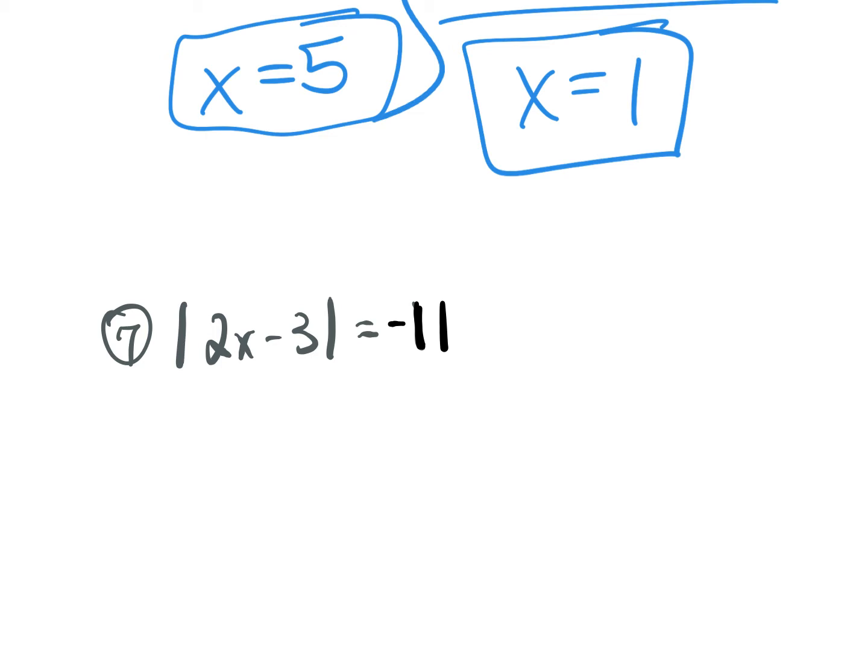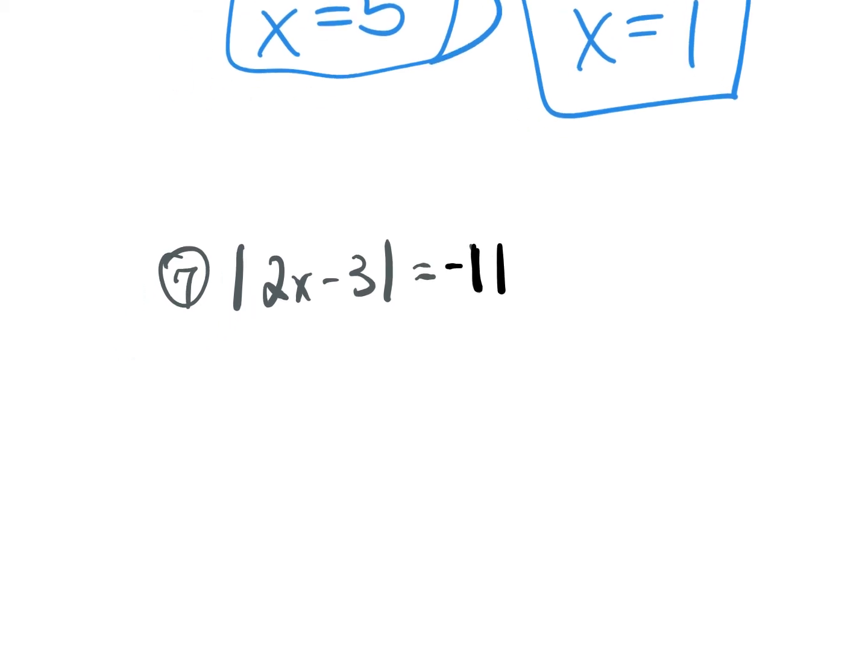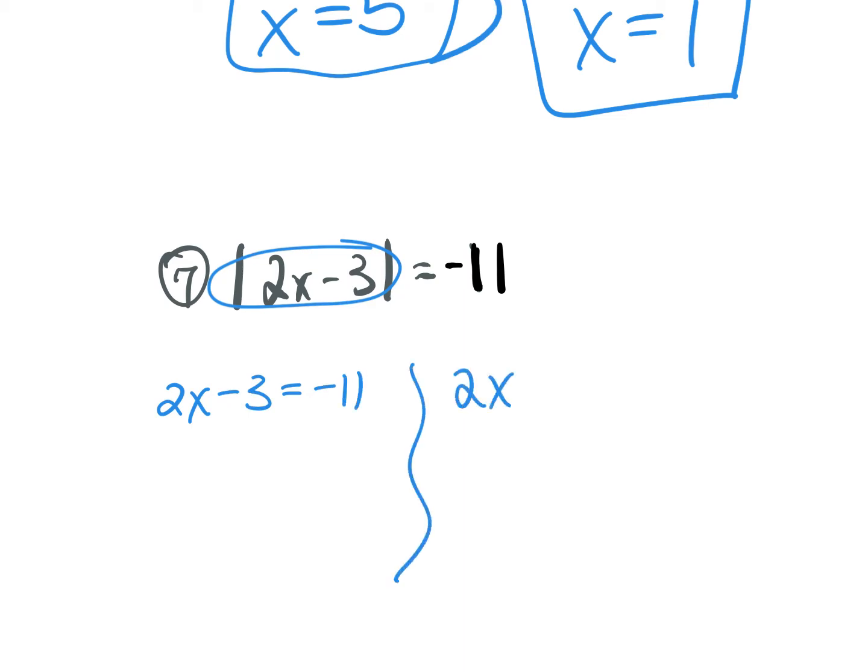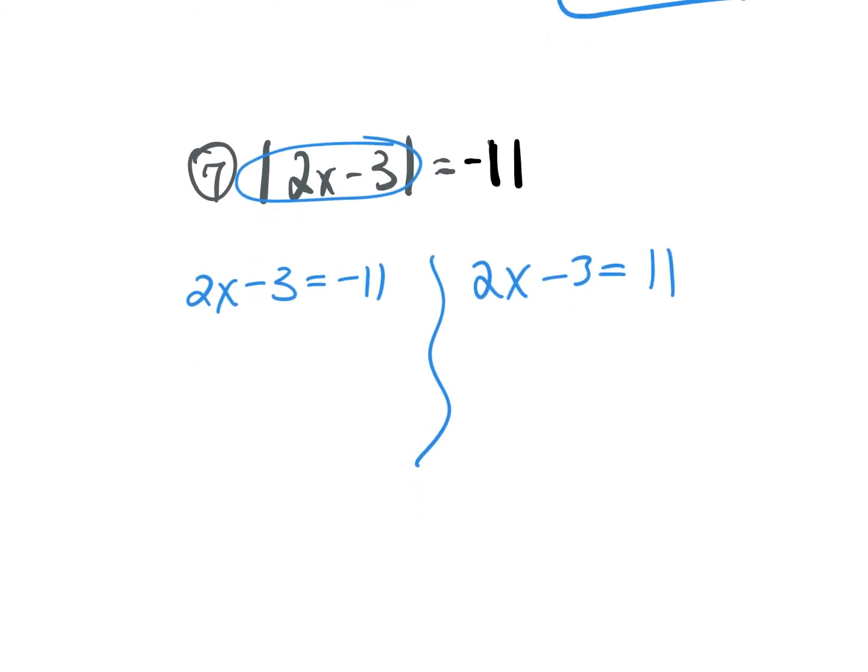Is my absolute value isolated? Okay, it's all by itself, right? So I have 2x minus 3 equals negative 11. And then what do I have to say? 2x minus 3 equals positive 11. All right, so we're going to add 3 to both sides. 2x equals what?